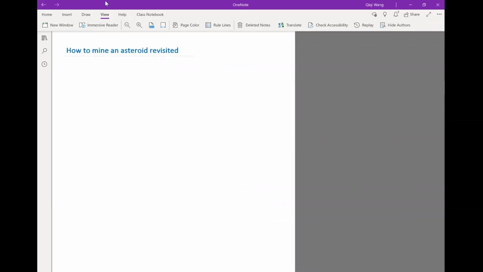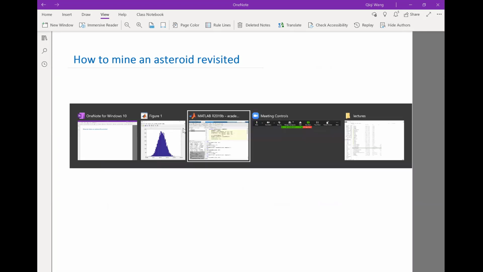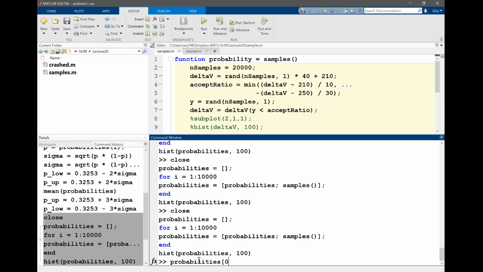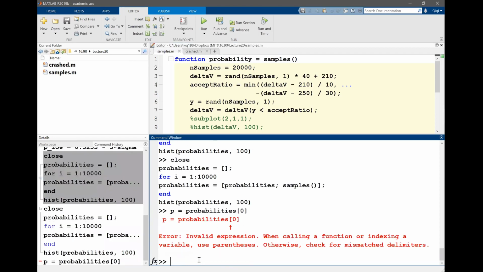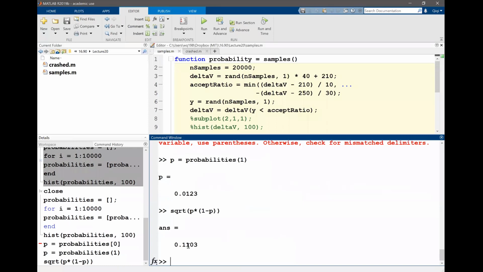Okay, so we may revisit the mining of an asteroid case a little bit, and now we have a good confidence interval, right? So for example, in this case, we have a bunch of probabilities, and if I just take a single probability again, the probability I compute is 1.23%, and again, if I use a single sample, the variation or the standard error is huge.